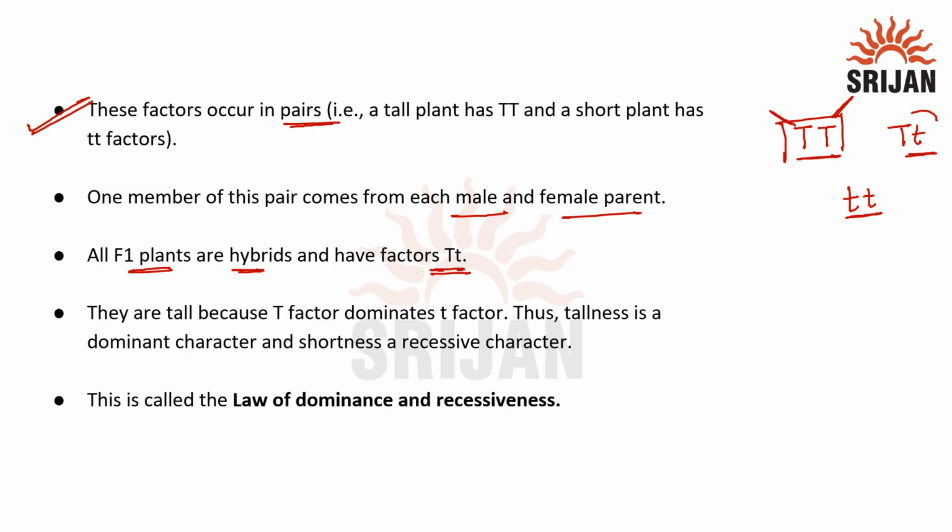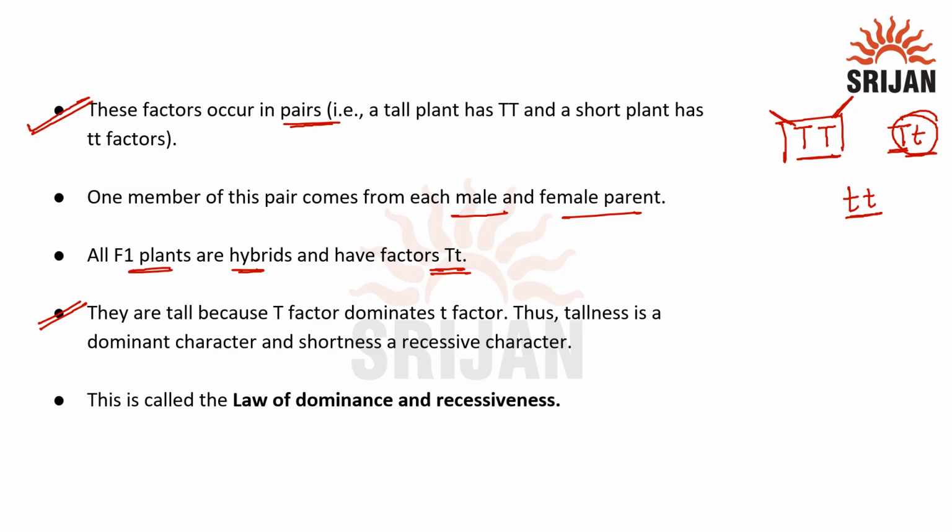So here we can see, we have already seen in the monohybrid cross that the F1 generation has the genotype capital T small t and it has both factors, and the plants are going to be tall in nature because the capital T factor dominates, and hence the expression of dwarfness is masked.